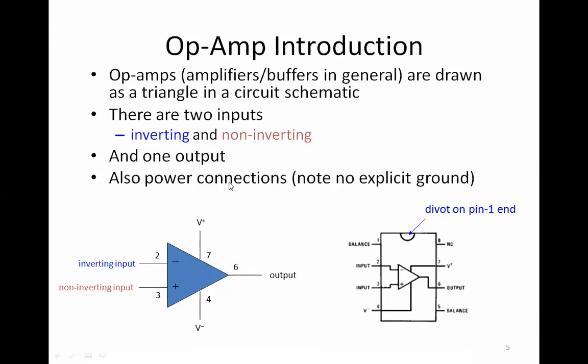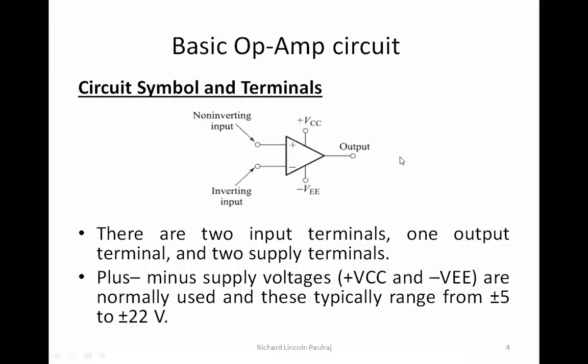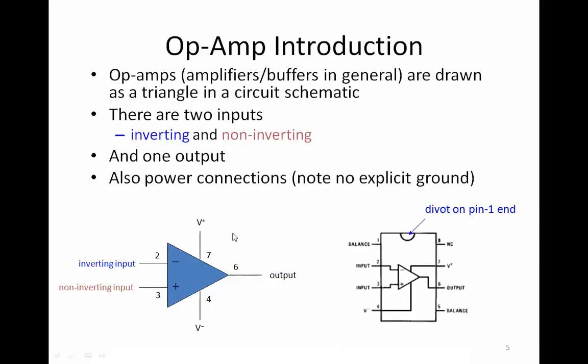Also, power connections, and an explicit ground. If I have to connect a few more stages here, some other circuit, then I'll be using ground. So this is your pin number 2, pin number 3, 7 goes to plus VCC, and 4 goes to minus VEE. And at the 6th terminal, we take the output.